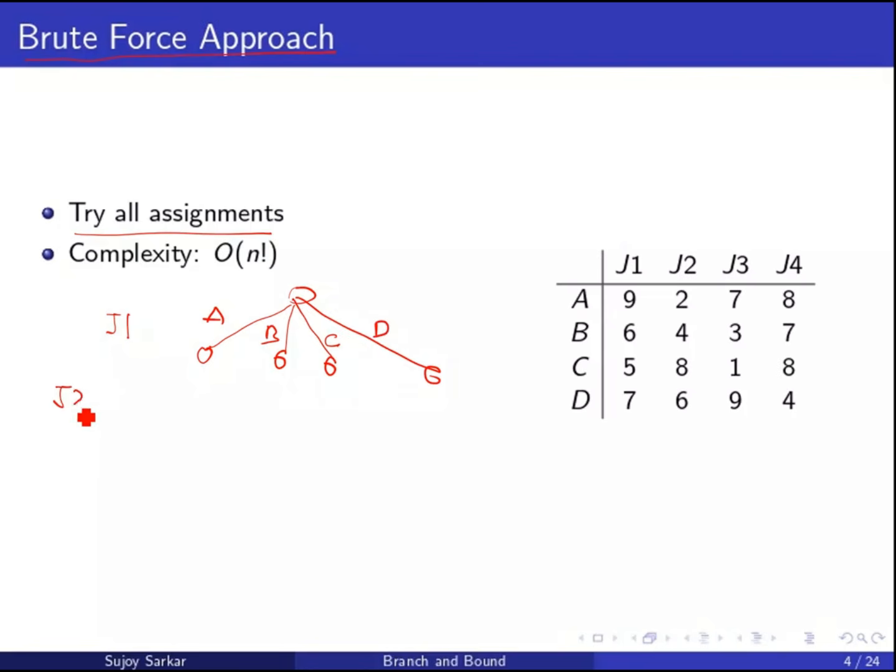After that, if we try to assign job 2, and job 1 is already assigned to A, for job 2 we will have 3 options.